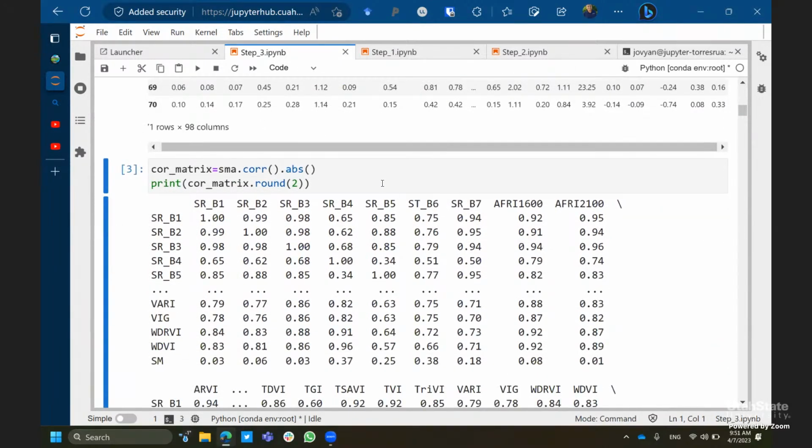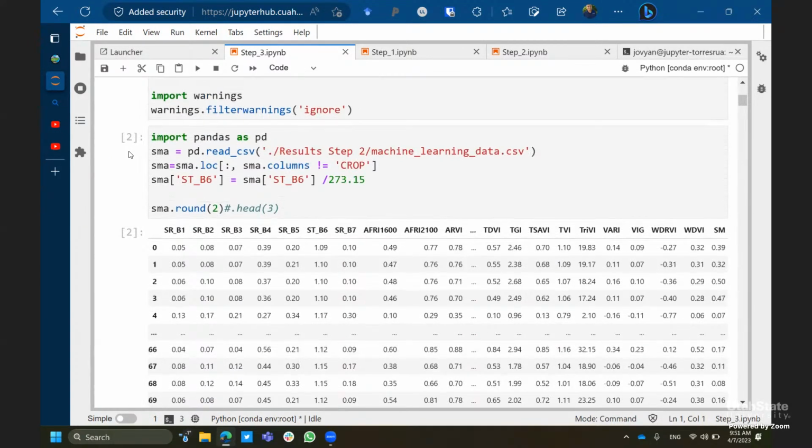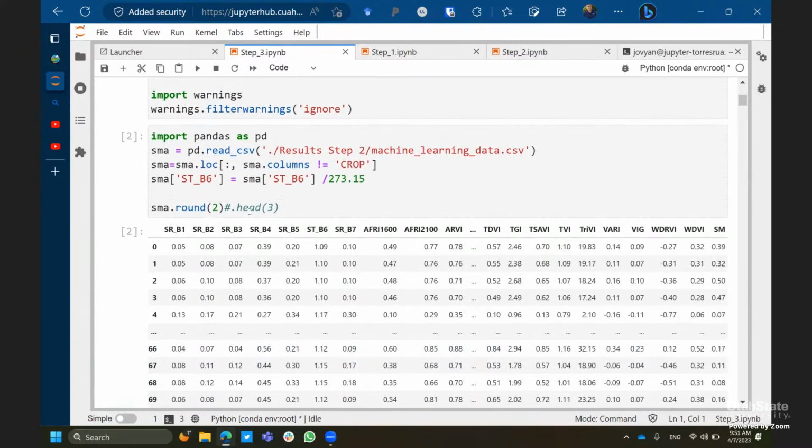So first, here in the second cell, I'm going to eliminate the column crop because it's text: alfalfa, corn, or barley. I'm going to transform the temperature column, the surface temperature band 6.